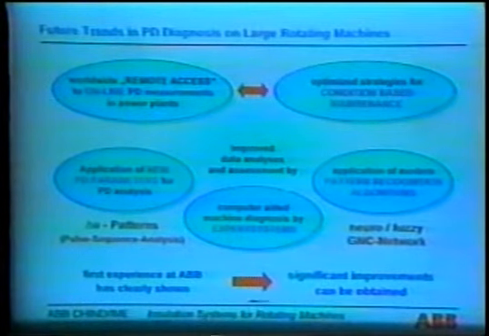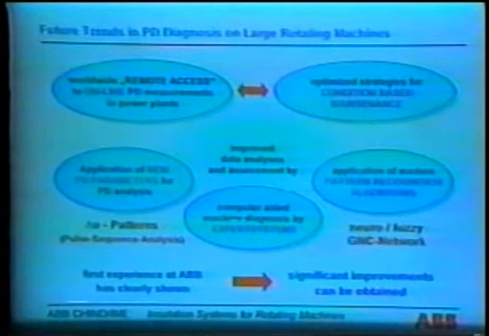We will try to improve our data analysis and assessment of the results by the application of new PD parameters for the PD analysis, for example, by introducing delta U parameters derived from the pulse sequence analysis. We will introduce modern pattern recognition algorithms for computer-aided machine diagnosis by expert systems.